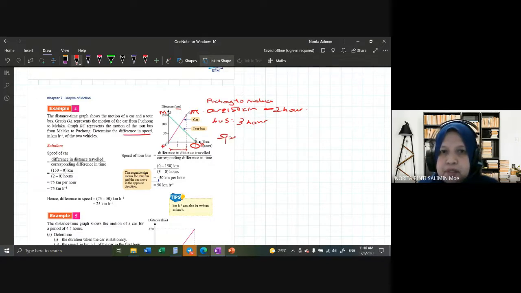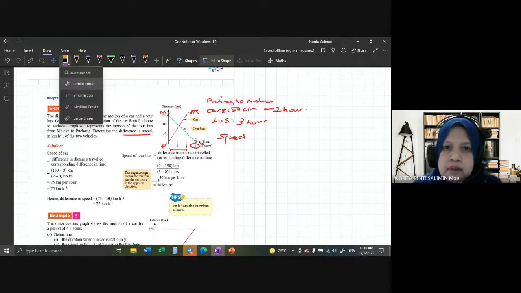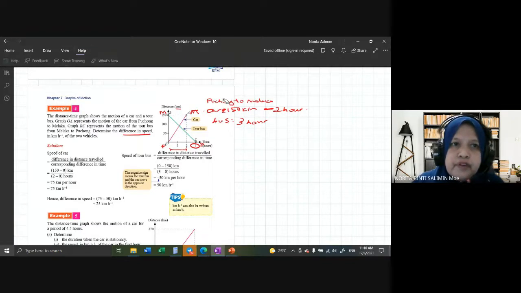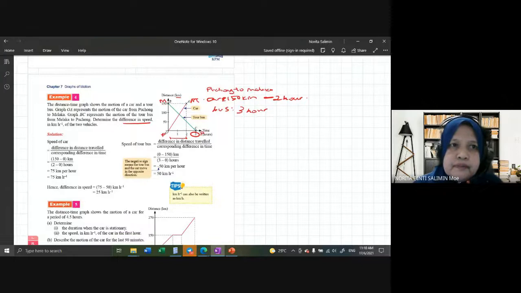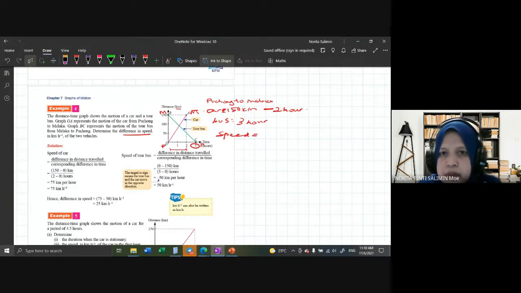Okay, firstly, we are looking for the car speed. How do we find the speed? Speed is equal to y divided by x: the vertical axis divided by the x-axis. Look at the car, the purple one.